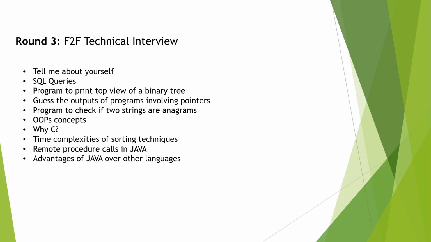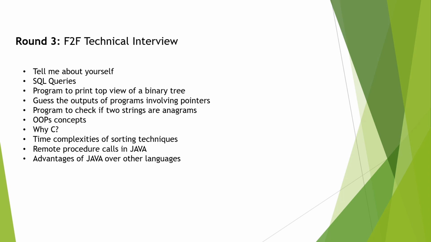Then he asked me to write a program which prints the top view of a binary tree. This is also a standard question. I wrote the code, and then he asked me some doubts in the code. Even if we get stuck at some point, the interviewer will help us by giving some hints, and we should be able to identify our mistakes using those hints.